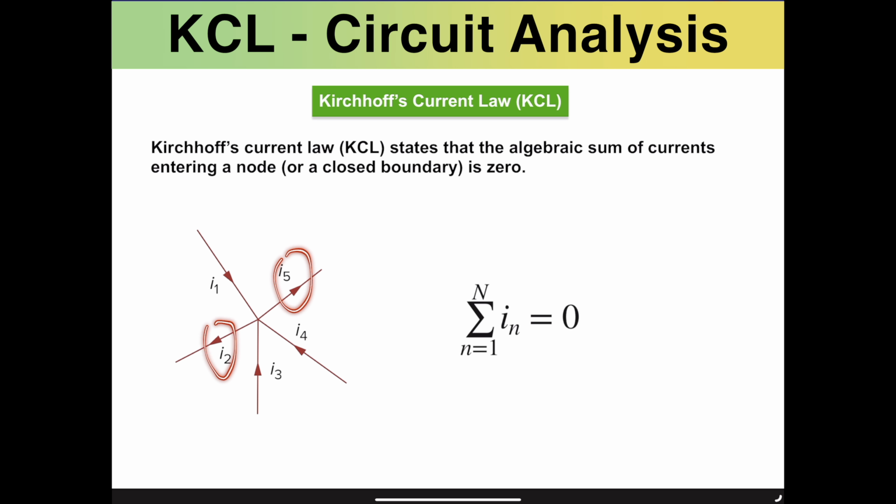However, I5 and I2 are going to exit this node. When there is no source or sink of current at this very node, whatever comes in has to come out in exactly the same amount.